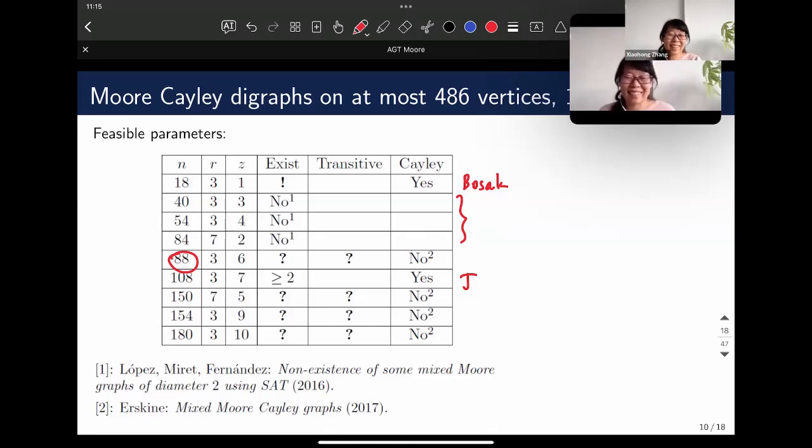I think your analysis doesn't depend on the group structure. Well, no, for this order, I mean, we know, but no, I haven't really looked into this case.